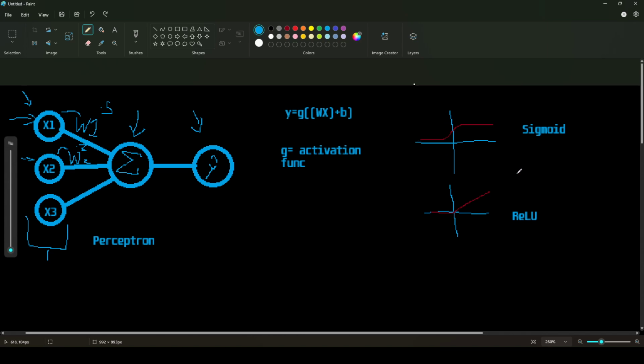And ReLU, or rectified linear unit, I believe is what it stands for: if it is a negative value, it is 0, and if it is a positive value, it is whatever that value is. In sigmoid, the highest it can go is 1, versus this, where it'll be whatever the input is if it's over 0. And with sigmoid, if it's negative, I don't think it ever really reaches 0. It might, but this one is immediately 0 if it is not positive.